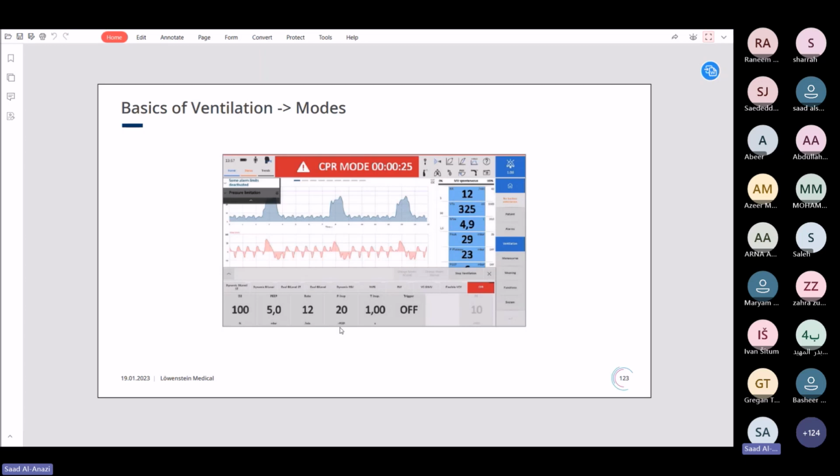Just switch to the CPR mode, select the pressures that you need to ventilate the patient, and the beep. Then turn the trigger off, and you will see in red signs how much time has passed in the CPR, and it will deliver the ventilation based on the interval time.